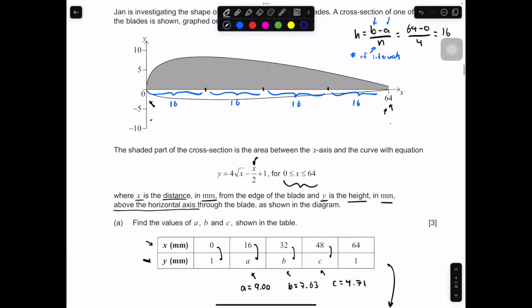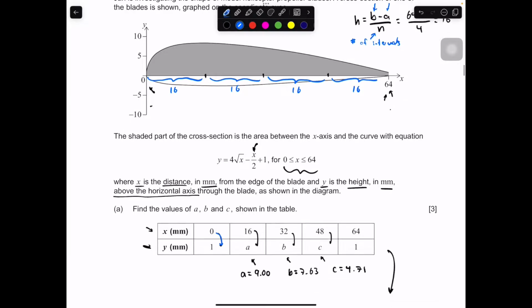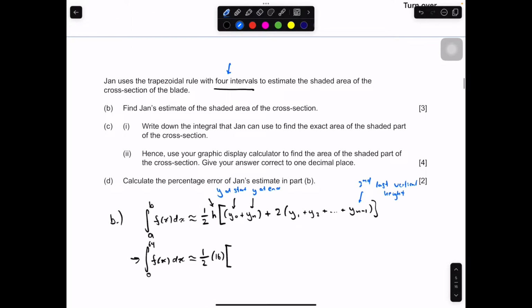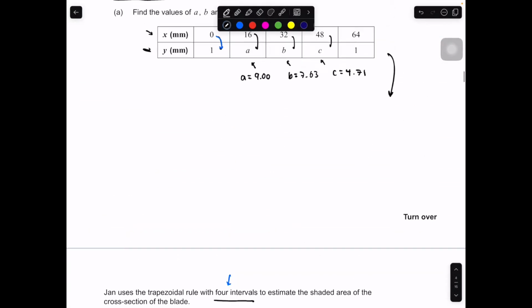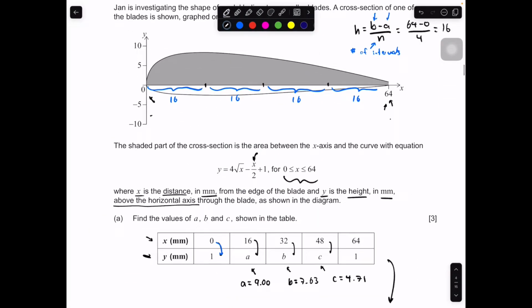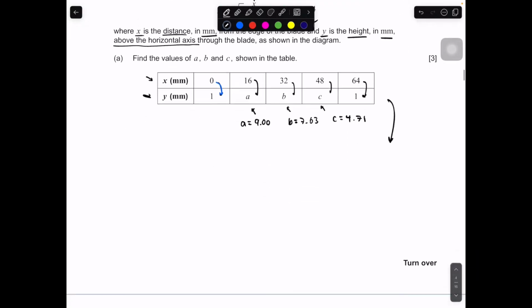And when we're at 0, our height is equal to 1. So let's go put that in our formula. 1 plus, and this value right here was the height at the very end, or the y value at the end. And we said 64. 64 has a height of 1, and that's given to us right here at the bottom.